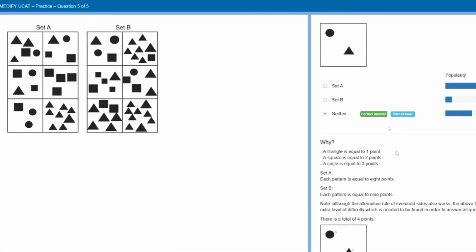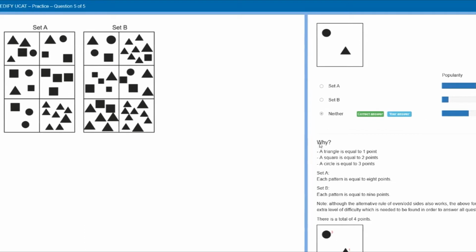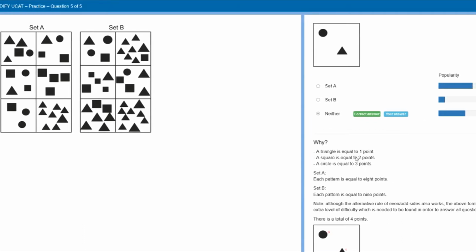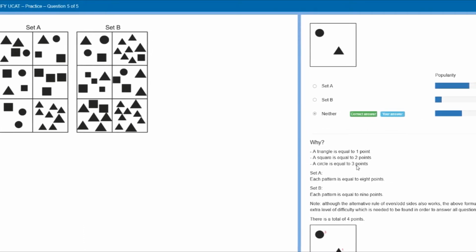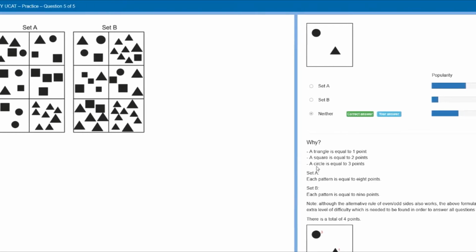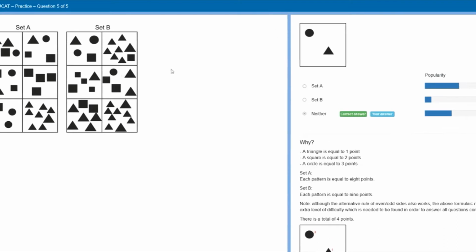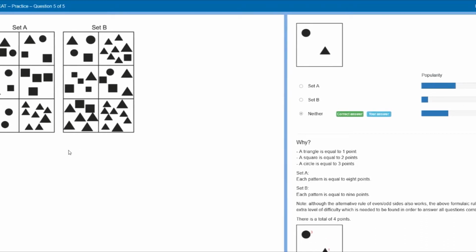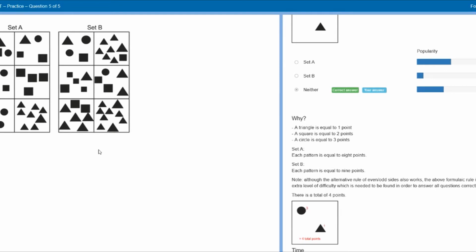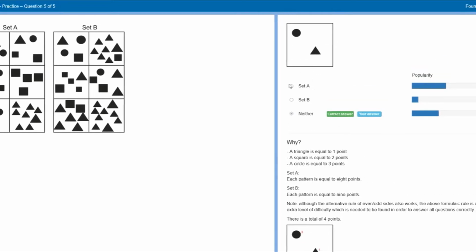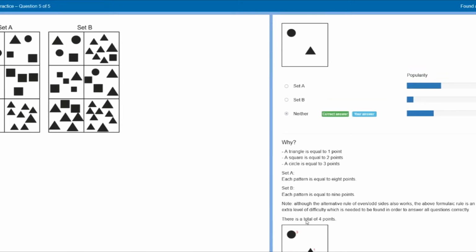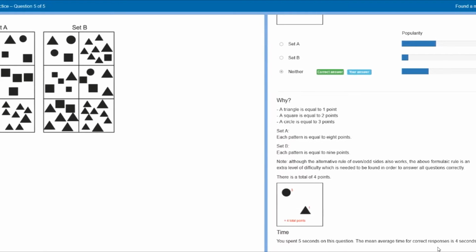Obviously you see what the actual pattern was. In this case it was points, and see how it's not related to the number of sides. That's kind of annoying, but with these you can get your intuition. For A they equal 8, and for B they equal 9, and for this pattern it was not equaling any of those. So that is how you do that.